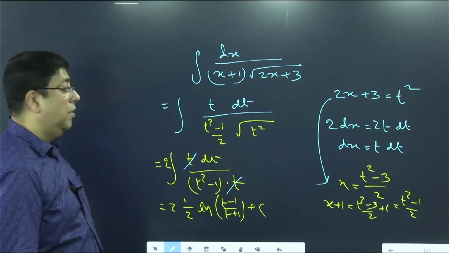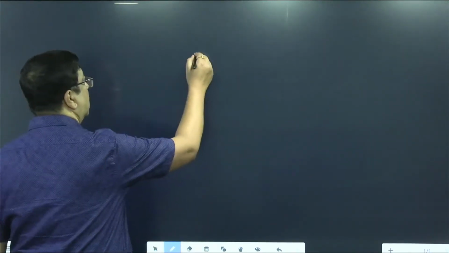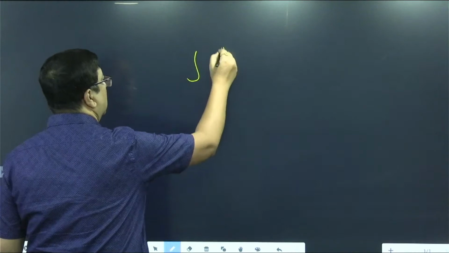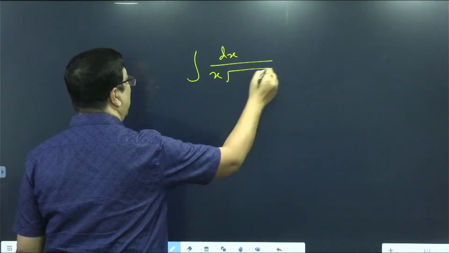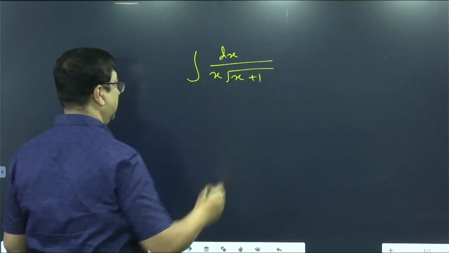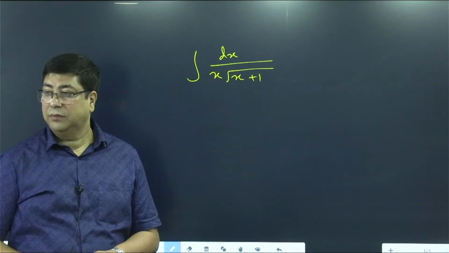One similar sum I am giving you: dx by x into root over of x plus 1. What to do? Okay, who will tell?